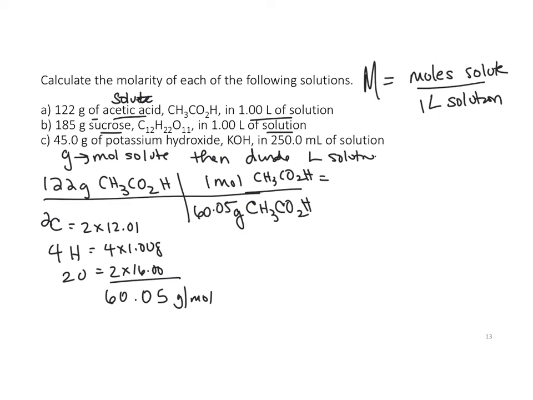Now we take 122 grams, divide by 60.05, and we get 2.0316 moles of acetic acid, and then we're going to divide by 1 liter. That gives us, using 3 significant figures, 2.03 big M.